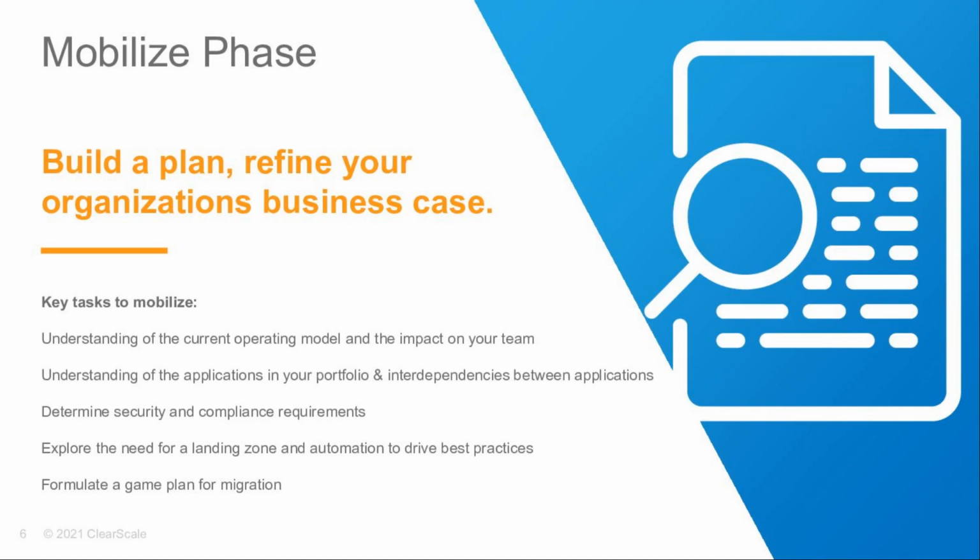The next topic is a very important one: determine the security and compliance requirements. For some people, this is easy. Maybe you have a PCI compliance requirement, or HIPAA, or GDPR type compliance requirement.